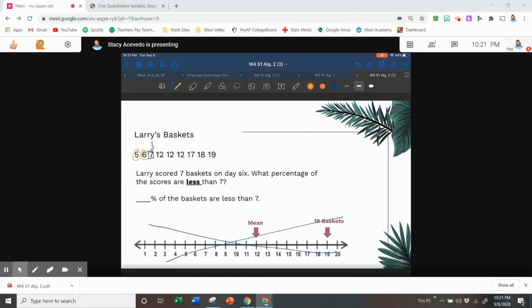So 2 of our values are less than 7 out of the 9 total values. You should get 0.22, which is 22%, because we moved the decimal place over 2 times. So 22% of the baskets are less than 7.